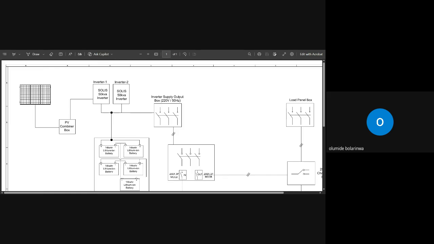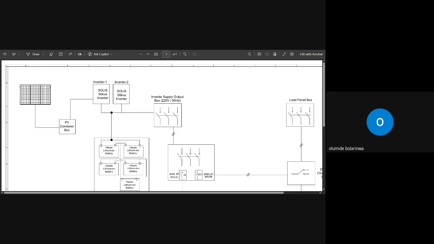Hello, sir. Sorry, I didn't get your question. I said the solar panel is 24.8 kVA. How many solar panels are we requiring? We are using 620 watts per solar panel.